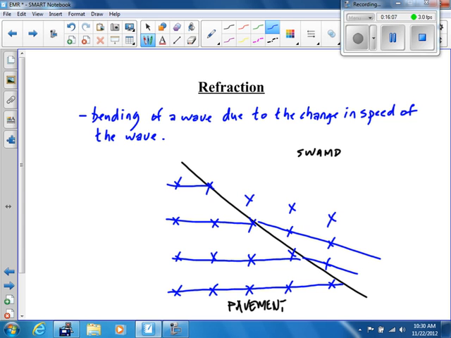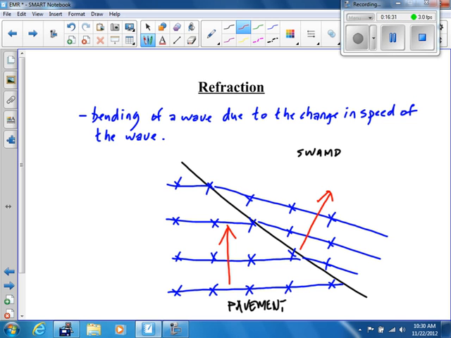Here's what the news crew sees. Essentially a wave front going vertical until it hits the boundary between the pavement and the swamp, and then what happens? It changes direction. Why did it change direction? Because the speed changed. The speed changed because the medium changed.